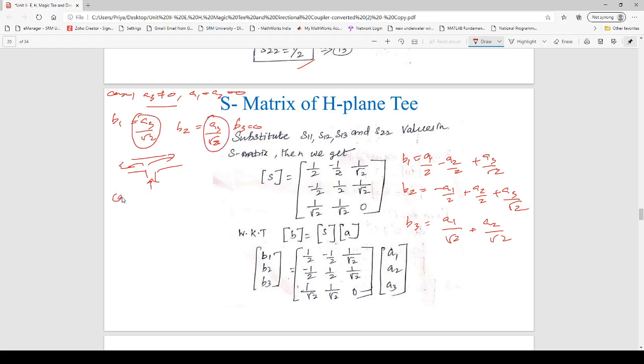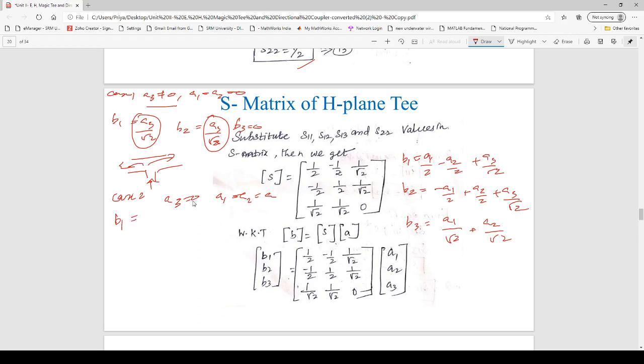So next I can take case 2, case 3, right. So I can say A3 equal to 0 and A1 and A2 equal to A. Like this you can do it for different cases and you can find out, right. So it should satisfy the sum. This is your sum arm, right. So if I substitute this, what will happen for B1?